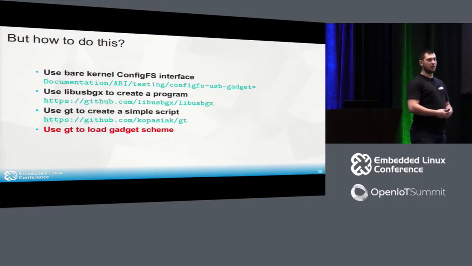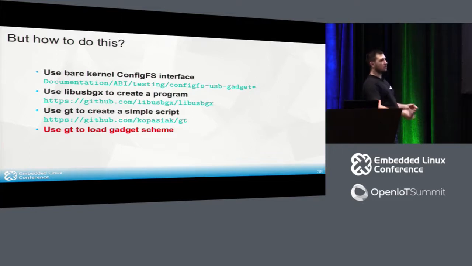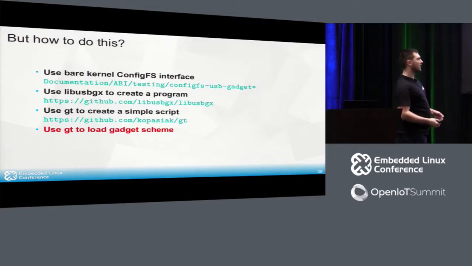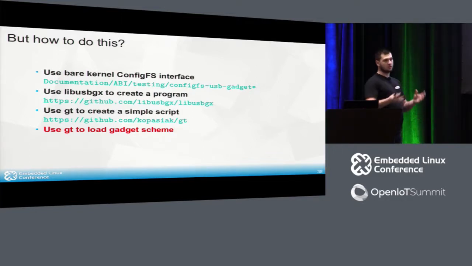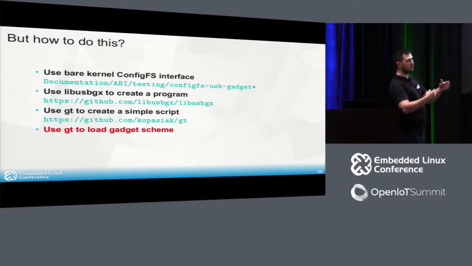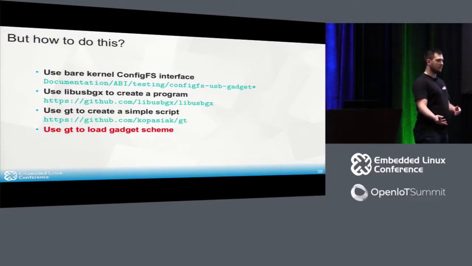It allows you to create a simple script. You simply call gt create, gadget create g1, and all that kind of stuff. So you may use this to create a shell script, run the shell script, and everything should be set up. But it still requires writing a shell script. It still requires the knowledge about the order of the operations on the configfs.